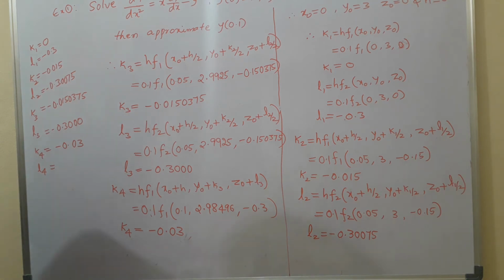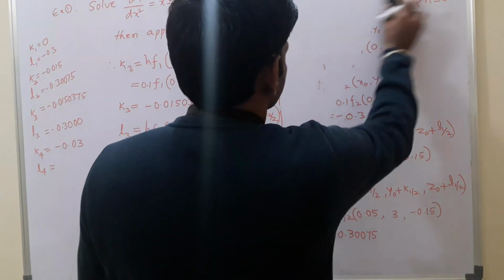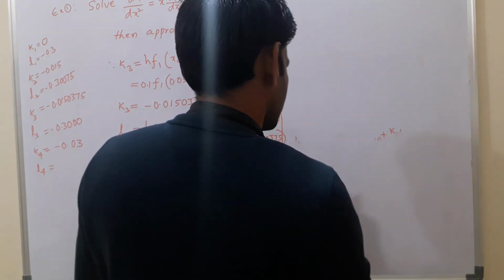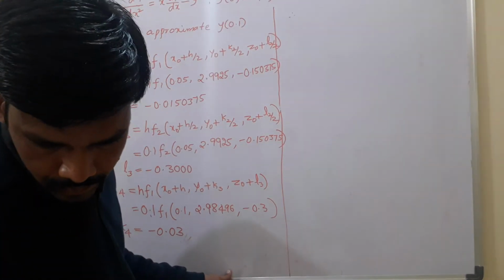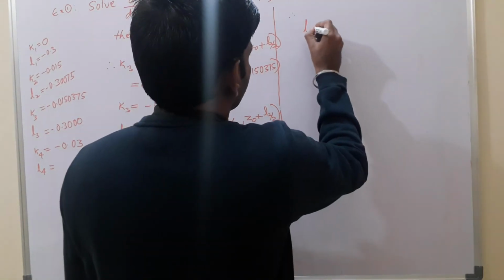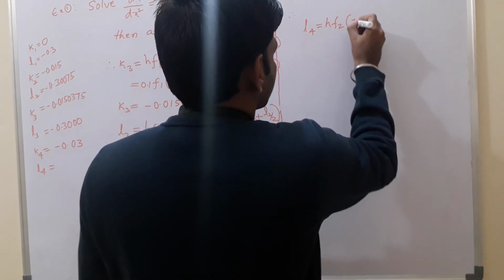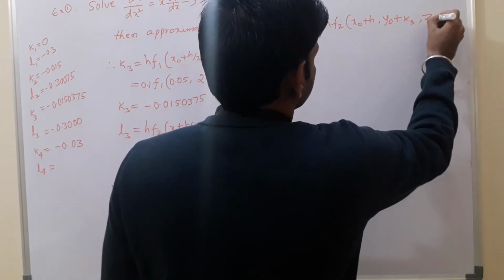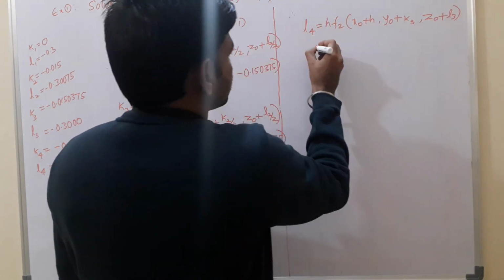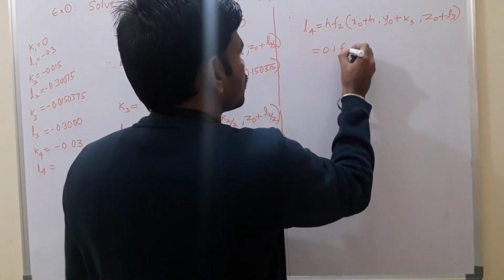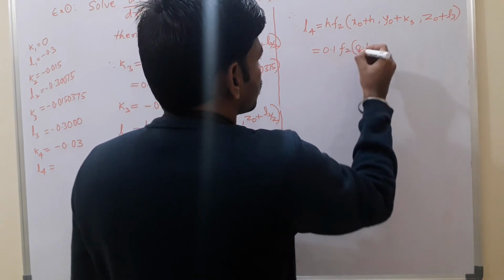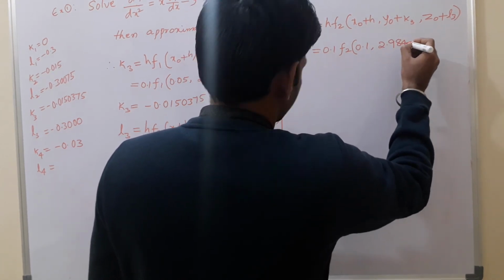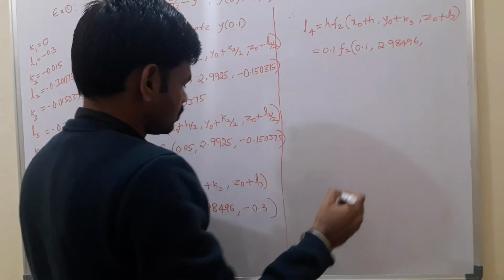And next L4, the last one. L4 is equal to h into F2 of x naught plus h, y naught plus K3, z naught plus L3, that is equal to 0.1 F2 of 0.1 and 2.98496, z naught is 0, that is minus 0.3.